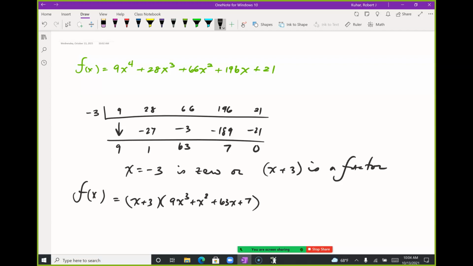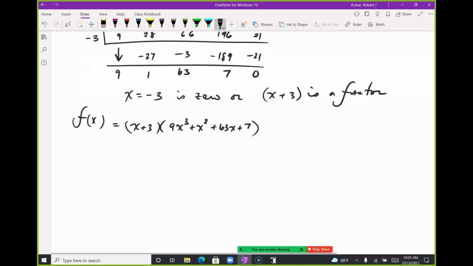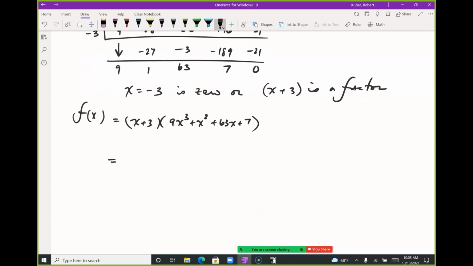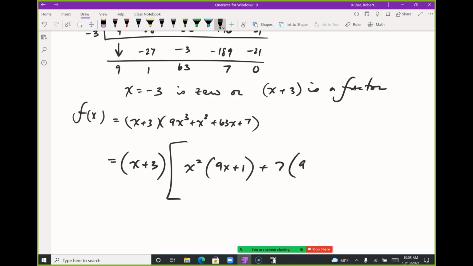And for that one, I can factor this without doing any work at all. I can take out an x squared here, I get 9x plus 1. And I can take out a 7 here, I get 9x plus 1.